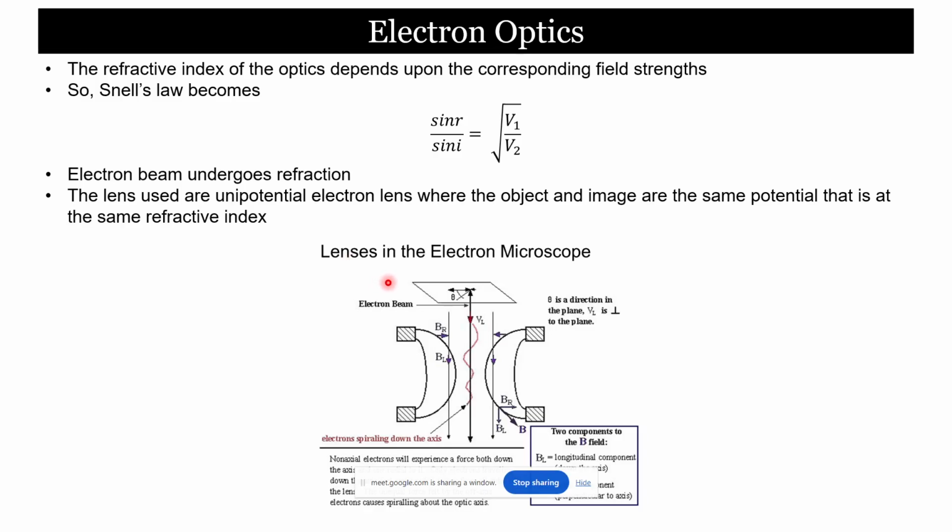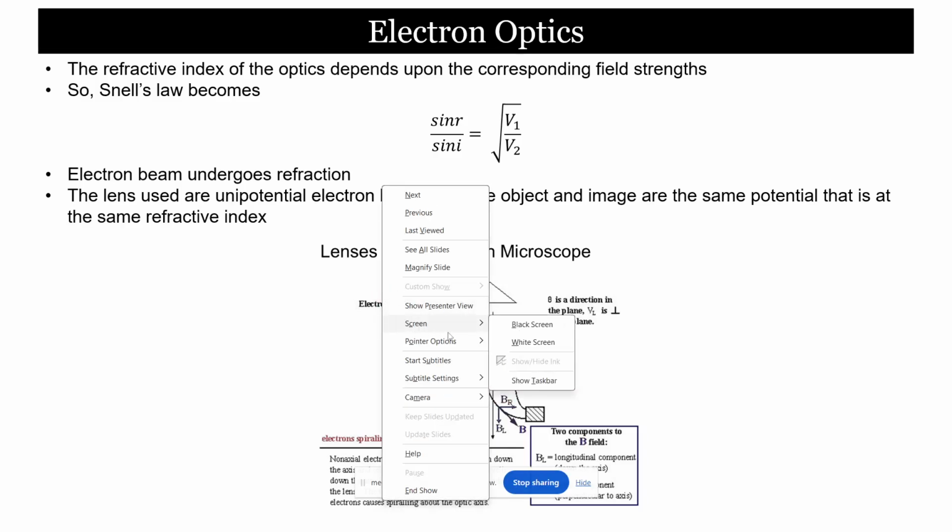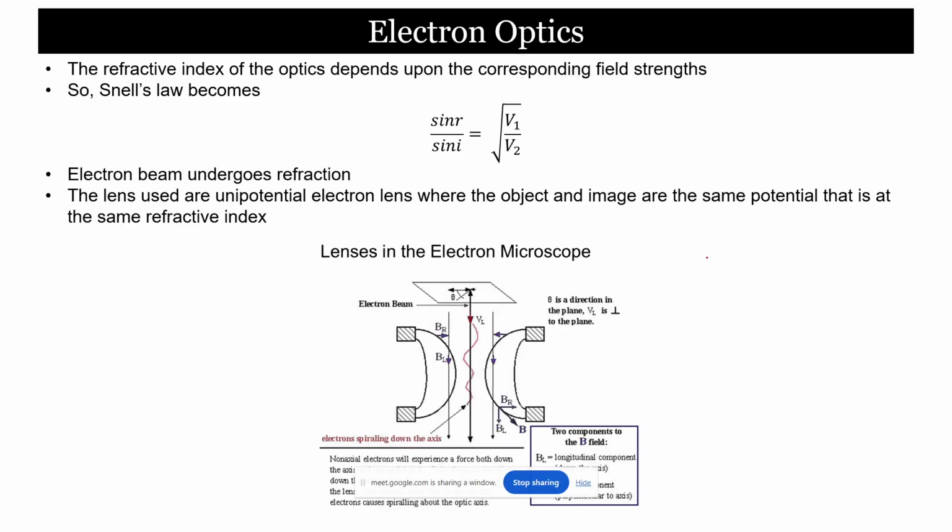Here in electron microscopes, I'll just use the pointer pen. In optical microscopy, we used this as the optic axis and studied that the rays come along this direction and get focused, converged or diverged depending upon the type of lens used.